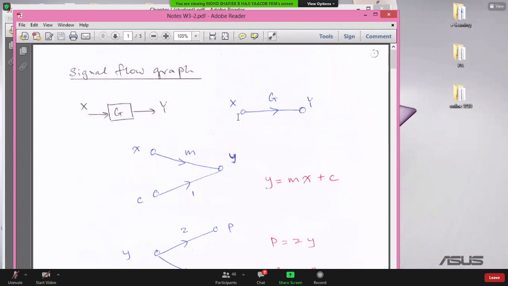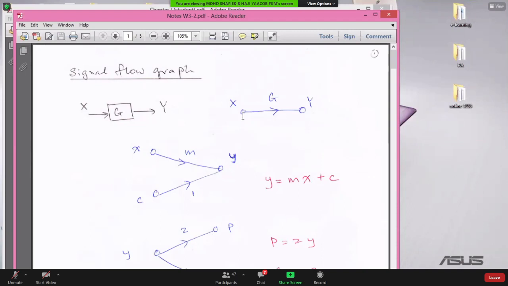The variables are represented by nodes. So node X and node Y are the variables, and the branch here is the transfer function, which is G. It looks quite similar, but it is not quite the same. So this is a block diagram, and this is the signal flow graph.